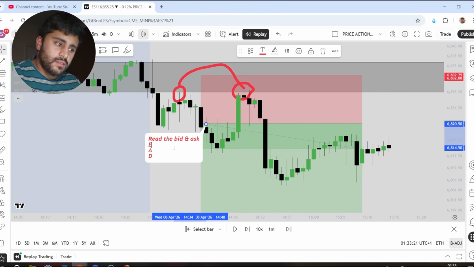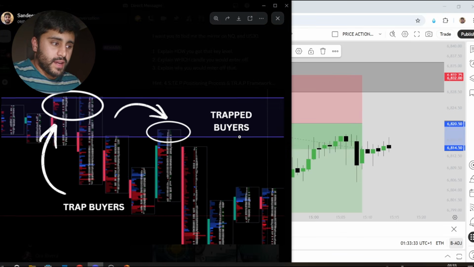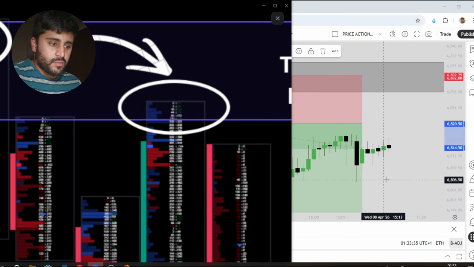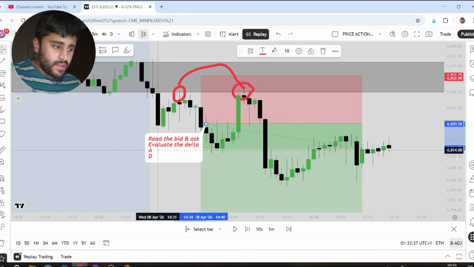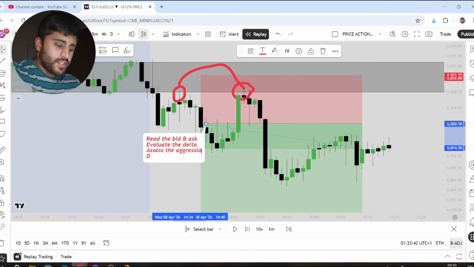Then after you've read the bid and ask, you want to evaluate the delta. By evaluating the delta, you're looking at the color inside the candle, here, for example. That's the second thing. The third thing is you want to assess the aggression.